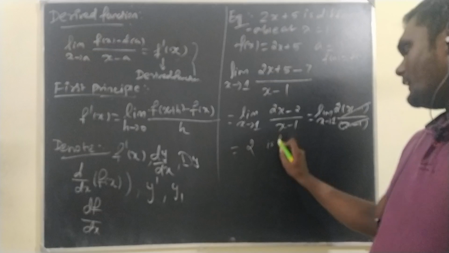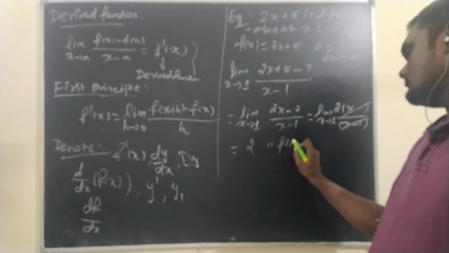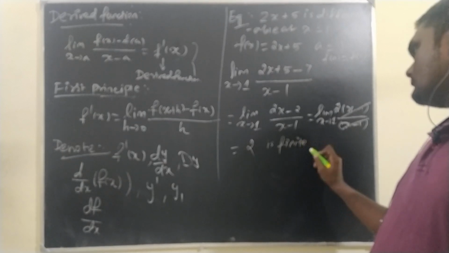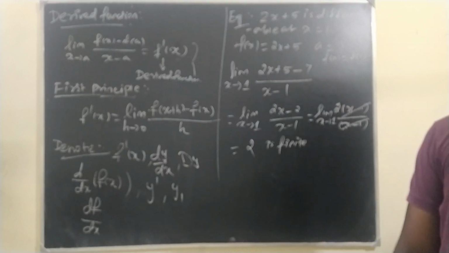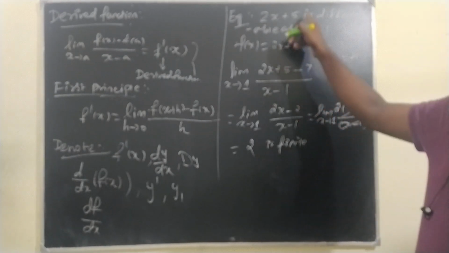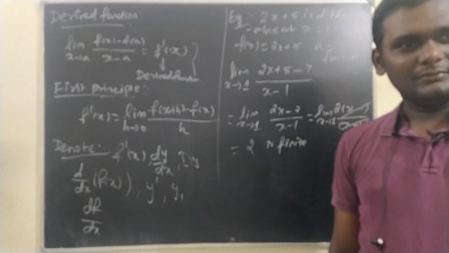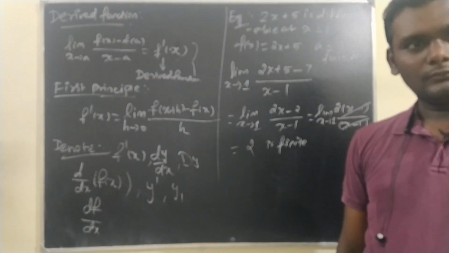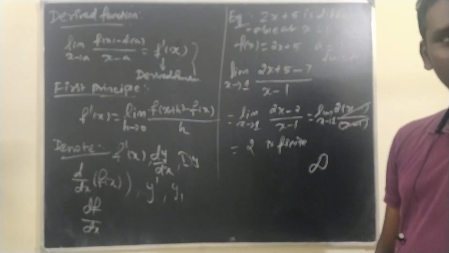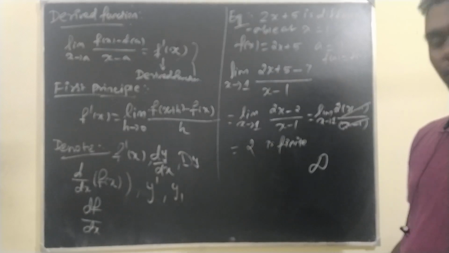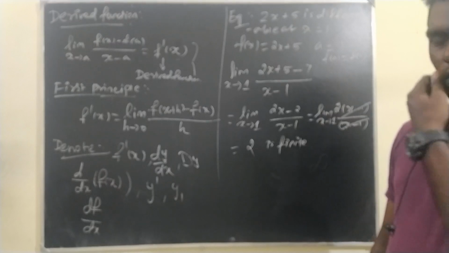Whether this value is finite or not. It is finite, right? This exists and it is finite. Not finite means like this it will come. This is a finite value then, 2 is a finite value, right?